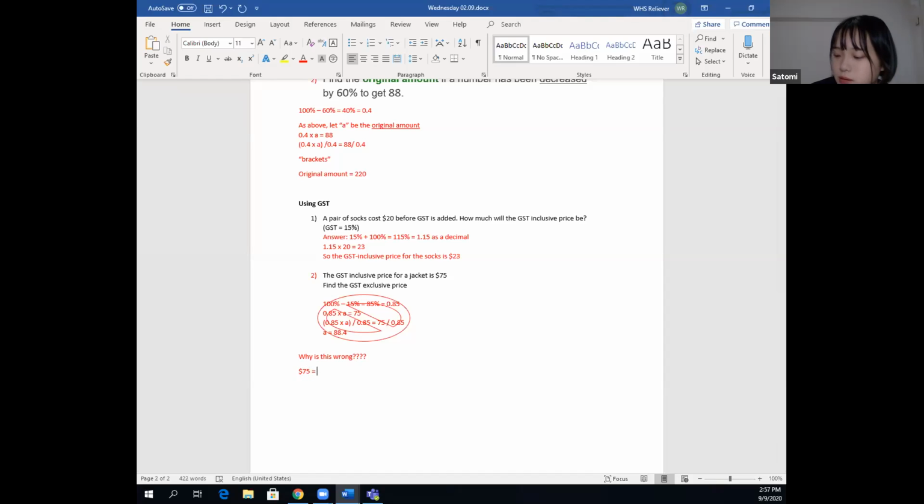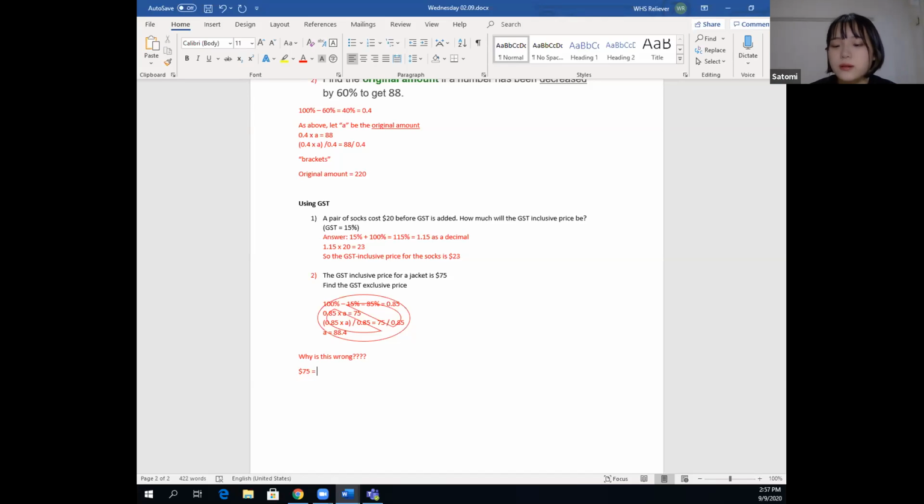We don't know the original price, but what is 75 as a percentage of the original price? So we know that 75 is the GST inclusive price. GST has been added already, and the new price, the price which includes GST, is $75. So what is $75 as a percentage of the original price?